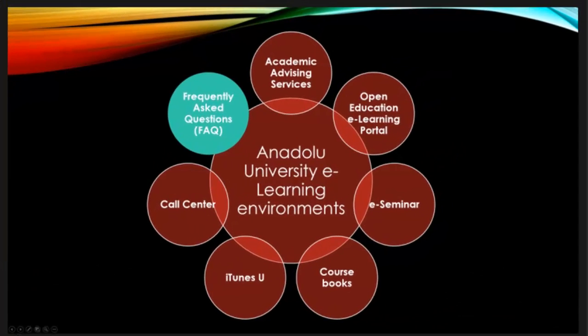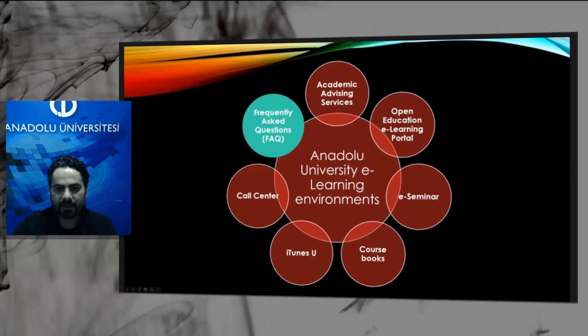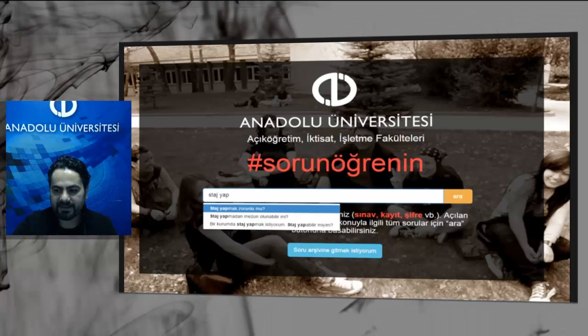These are academic advising services, open education e-learning portal, e-seminar, course books, iTunes U, call center, and finally, the frequently asked question system, FAQ. As I mentioned before, in this chapter we try to provide information about the frequently asked question system of Anadolu University.